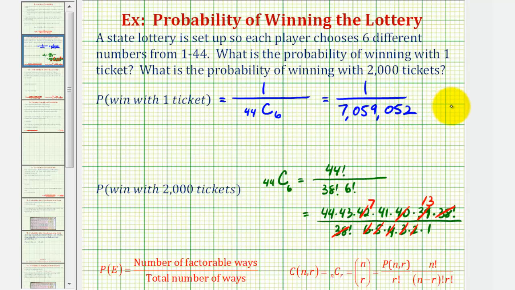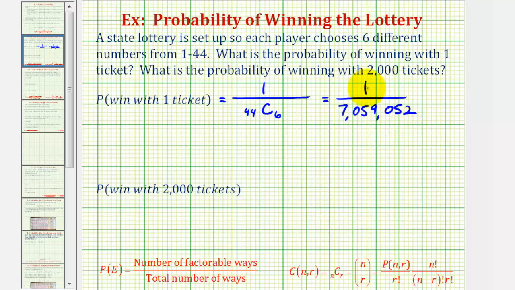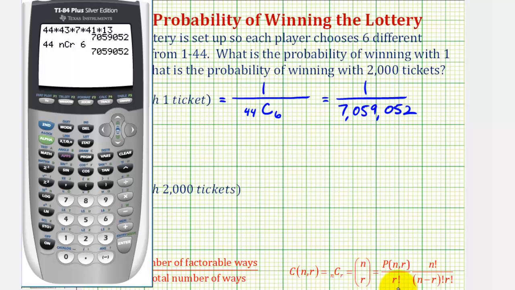Now probability can be expressed as a fraction, a decimal, or a percentage. So let's go ahead and express this as a decimal and a percentage. To do this, remember the fraction bar means division. So to convert this to a decimal, we'll have 1 divided by 7,059,052. Notice how it's a very small number.